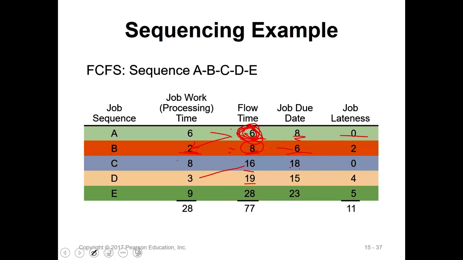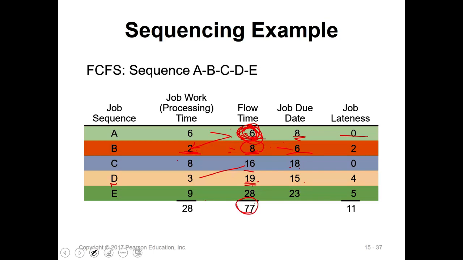The finish time by the time job D is done is going to be 19. Compare with the job due time, now lateness is 4. So for E, the processing time is 9, and we have 9 plus 19, it is 28.